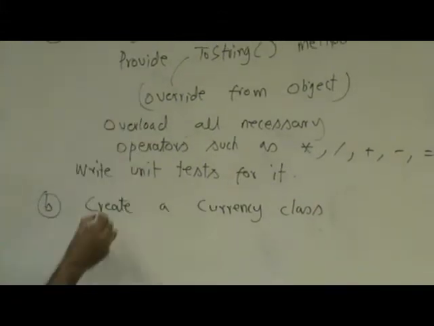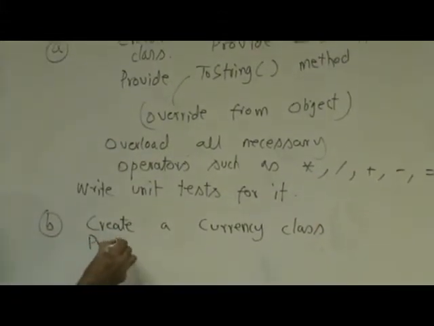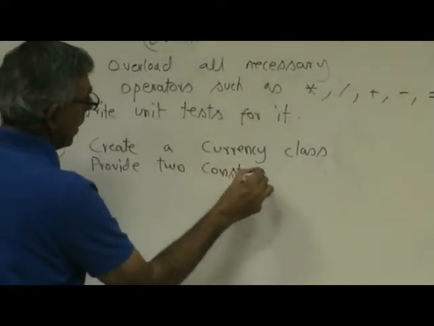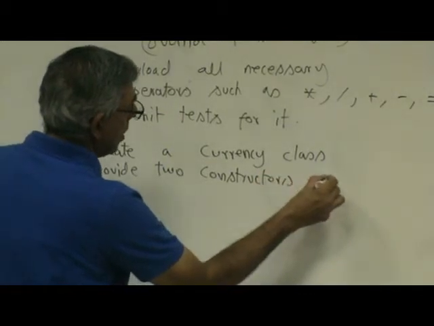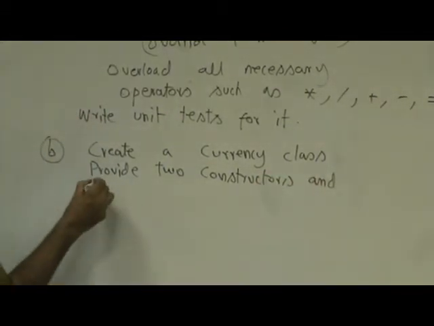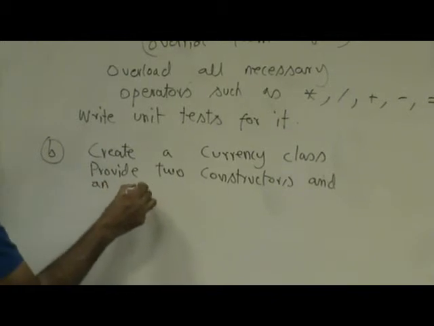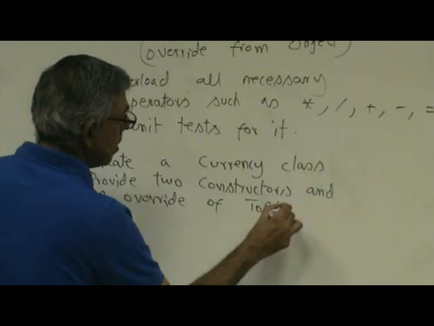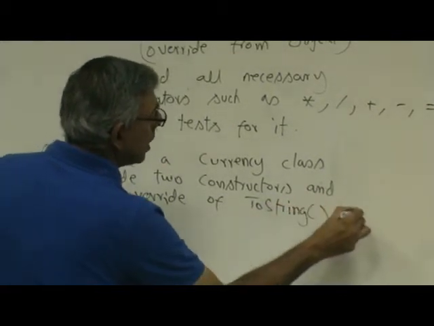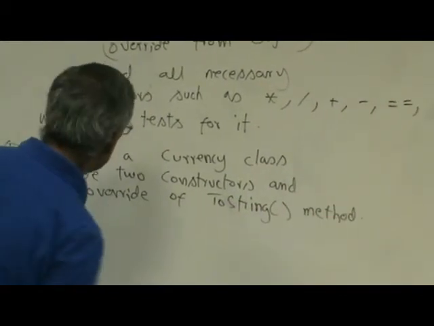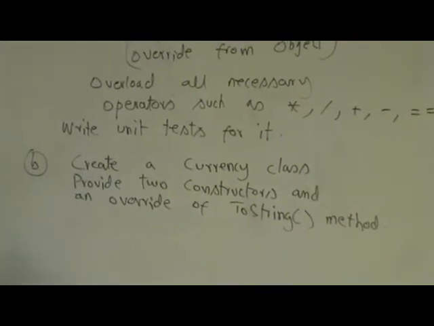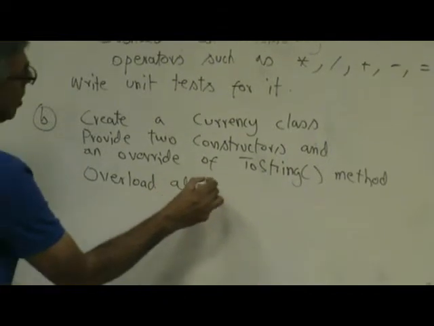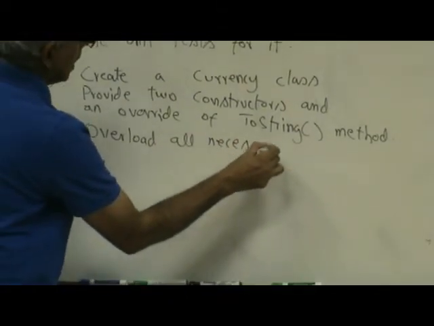And again, same thing, provide 2 constructors and an override of toString method. Okay, and overload all necessary operators.